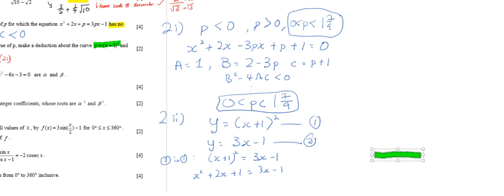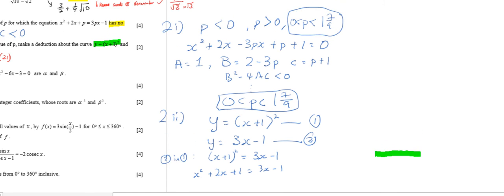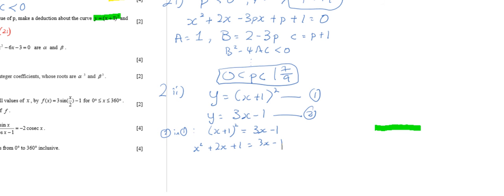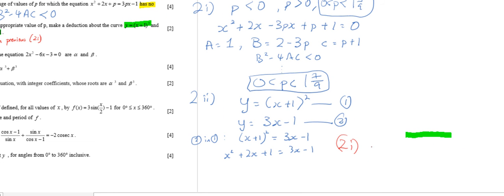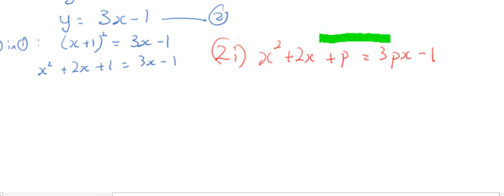Now what I want to do is I want to copy 2 part 1 answer. So let me write 2 part 1 question. Do you see this? X square plus 2x plus P equal 3Px minus 1.